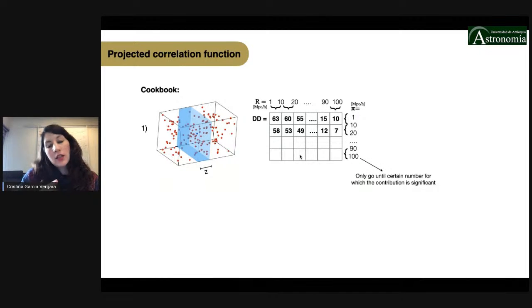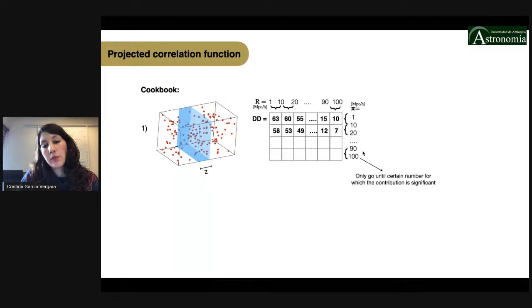Then it's exactly the same procedure. You count pairs at the different distances, and you're filling this array. Here you have physical units for both components. That is the nice part that we cannot make with the angular correlation function.